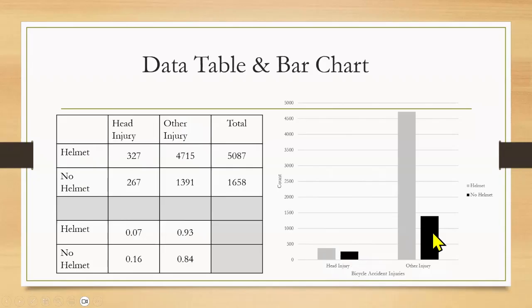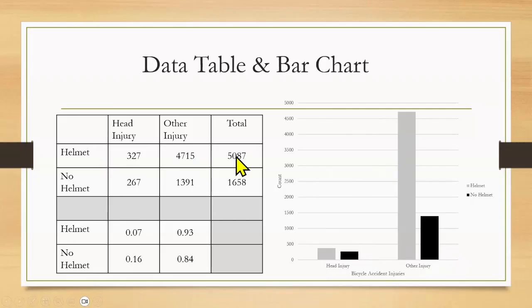And because we want to compare helmet versus no helmet, we want to divide the head injuries for helmet by the total helmet, right? So we want to rescale these values, and we want to rescale the no helmet values.